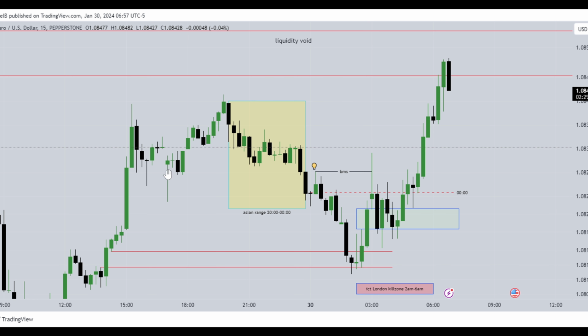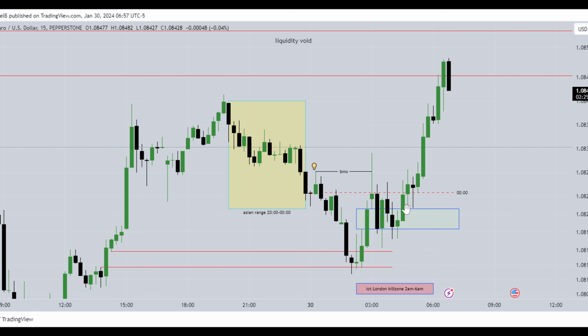You can either look for inefficiencies above here or liquidity voids, as we are going to see. So if you've not gotten the chance, or if you are scared to enter, right here we see the market dips down, consolidates, another move higher, leaving another inefficiency.